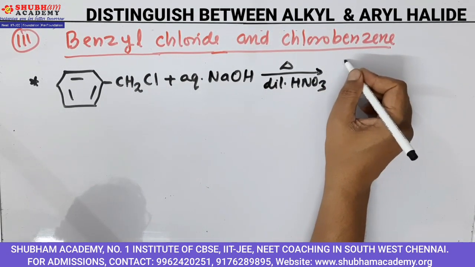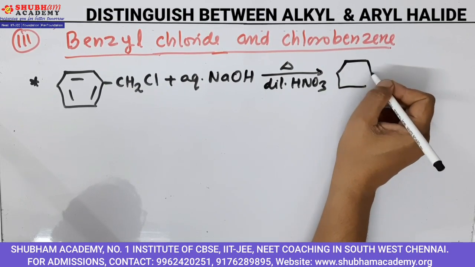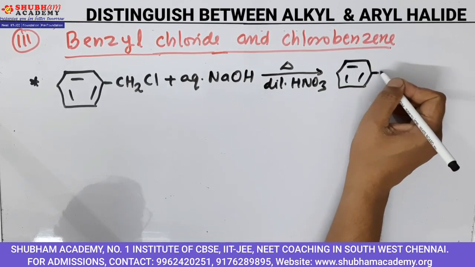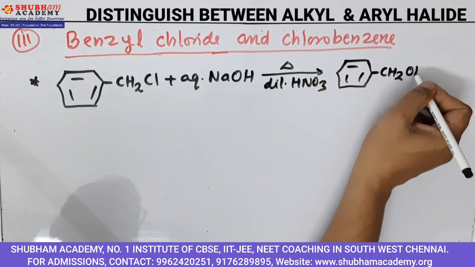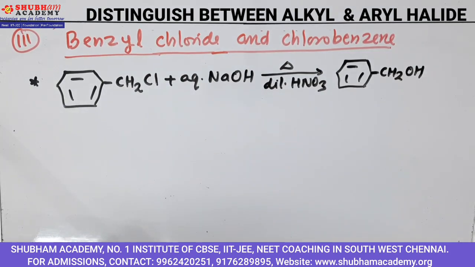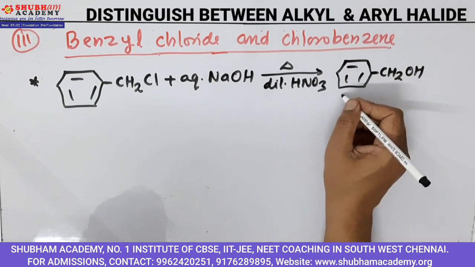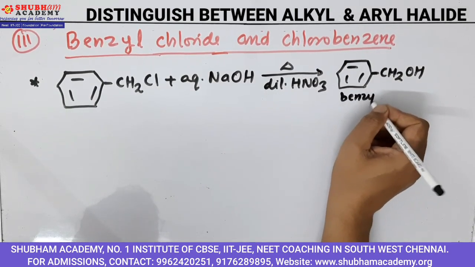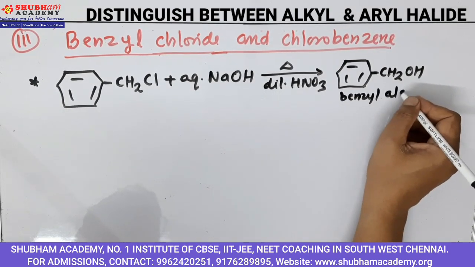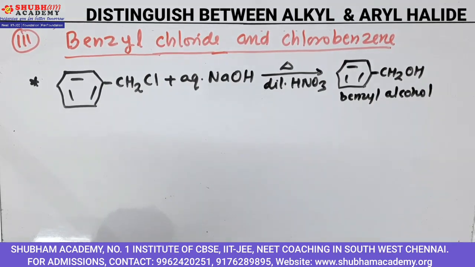So, you will get CH2OH. Okay. What is this? Benzyl alcohol. Okay. And you will get NaCl.